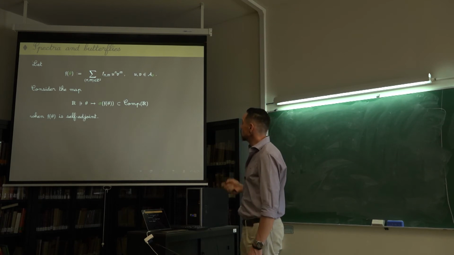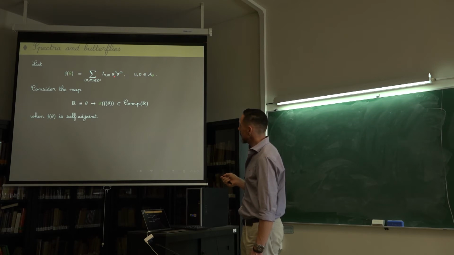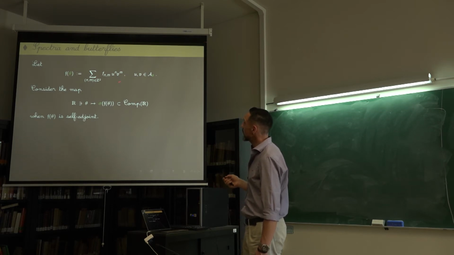Okay, now, what can I do? I can choose a set of coefficients, and I can construct a formal polynomial of this type. And I can pick u and v on some realization theta of this algebra. If these coefficients are fixed, I'm defining in this way an element of the algebra A theta.